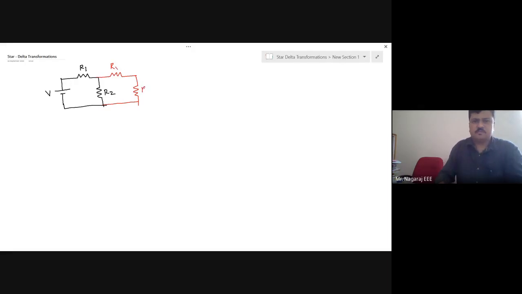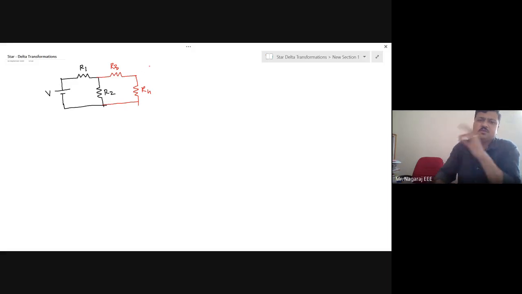R3 and R4. Now, what is the equivalent resistance? R3 in series with R4. That combination is in parallel with R2, and this entire combination is in parallel with R1. Yes?